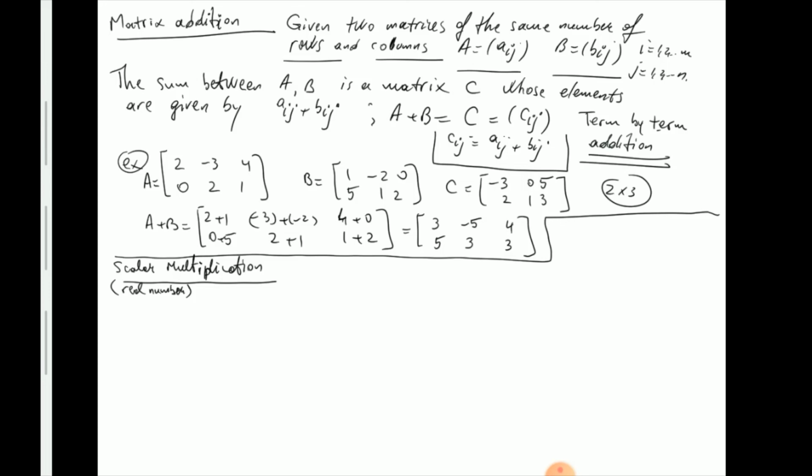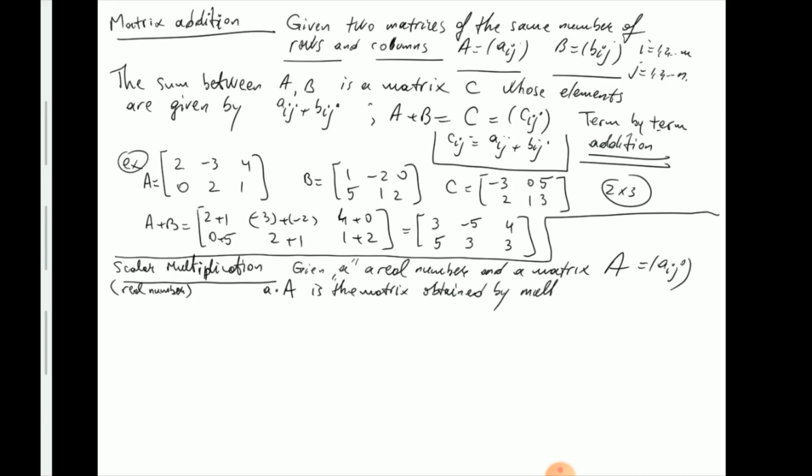But for now, given a real number, little a, and the matrix big A, let's say given by the generic element Aij, it can be of any type, then little a times big A is the matrix obtained by multiplying Aij by a.